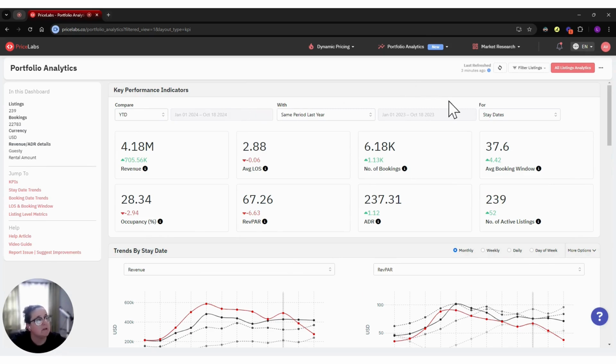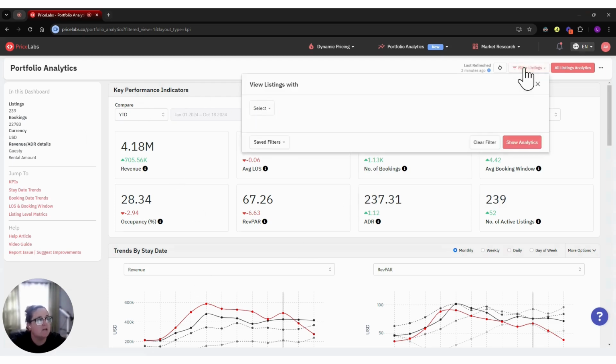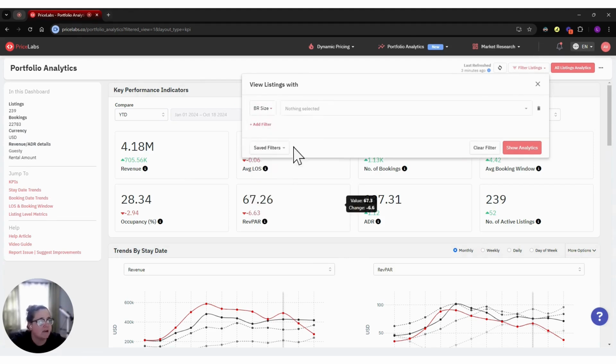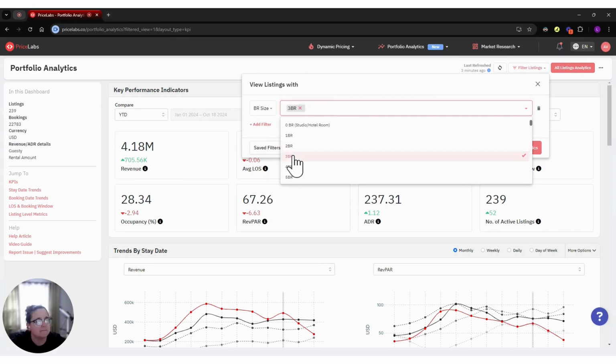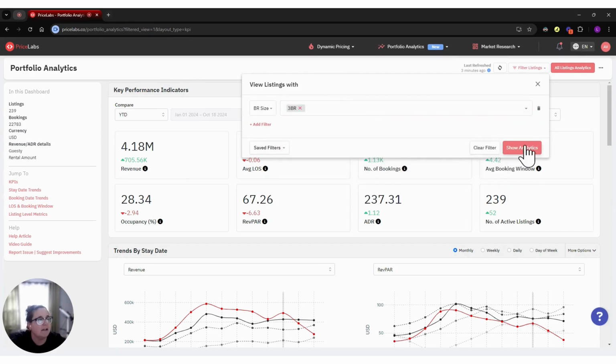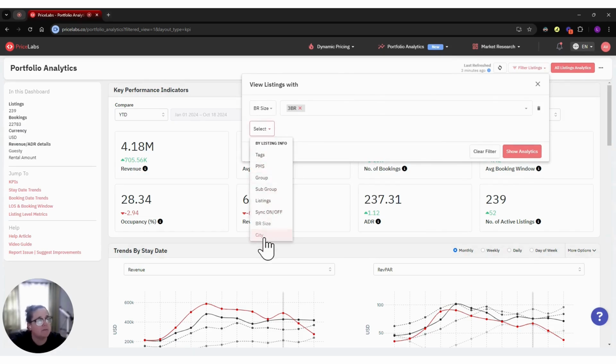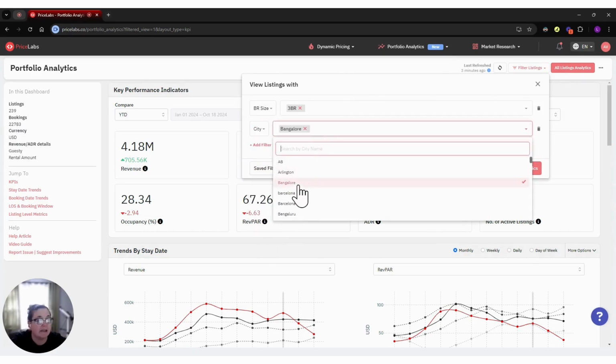Additionally, what you can do, as I mentioned at the beginning, is filter your listings. So let's say you want to pull this same information just for listings that are 3 bedrooms. You can go in here and filter that way. You can also filter by 3 bedrooms in a certain city if you'd like.